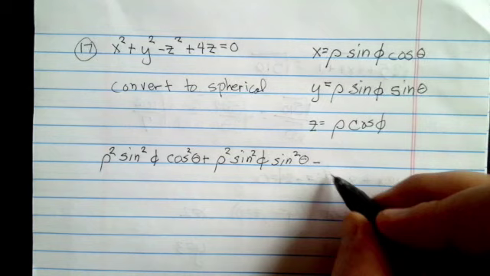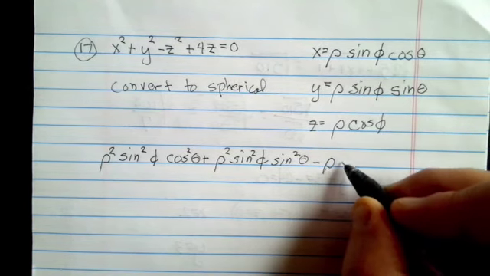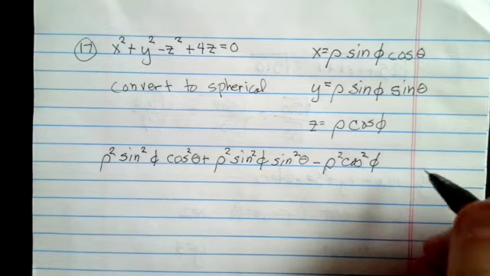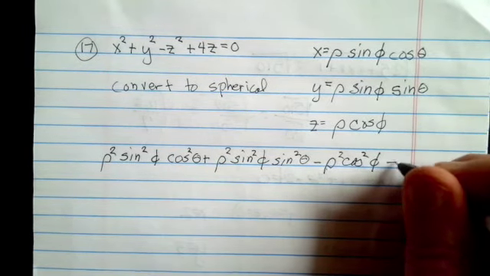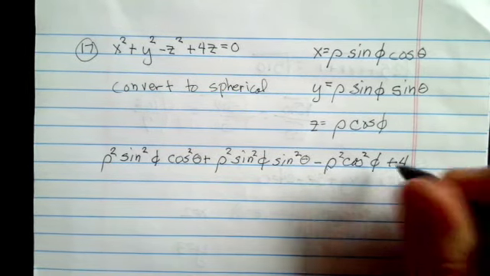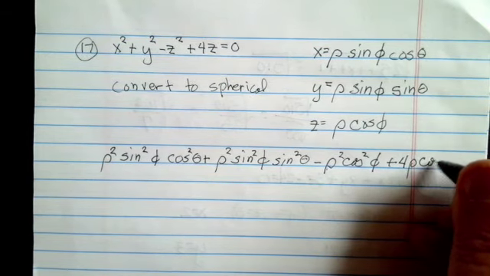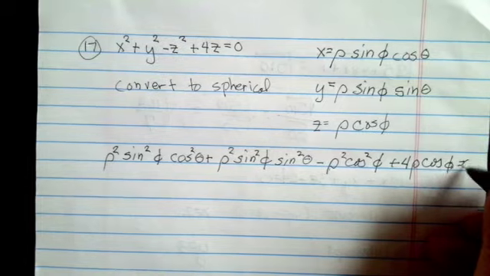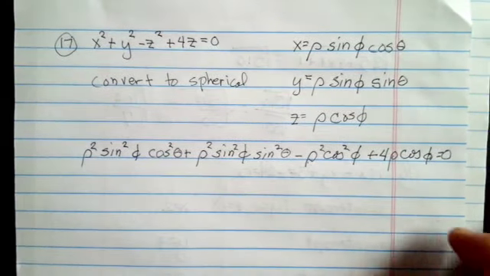For the z squared, we're going to have minus rho squared cosine squared phi, and then plus 4 rho cosine phi. And that's equal to 0.